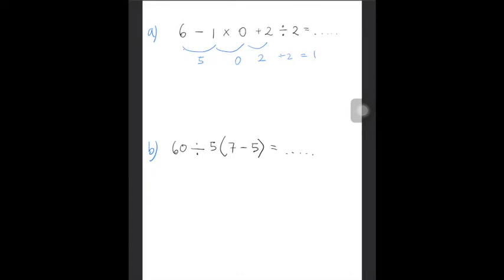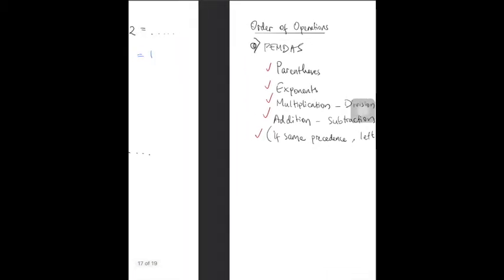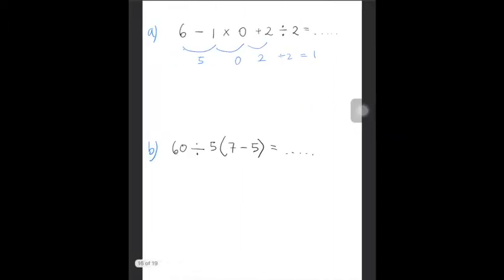But remember, because we have our order of operations, we need to use it to solve any algebra operation. See here, this has multiplication, this has division, so we need to do that in order. Because we have multiplication and division in the same operation, we go from left to right.